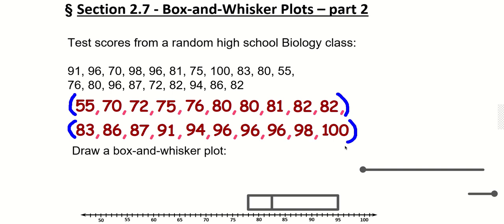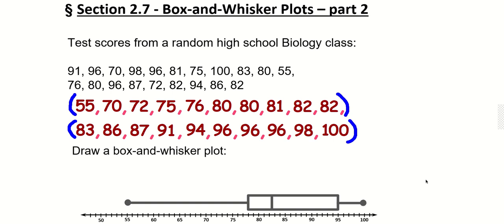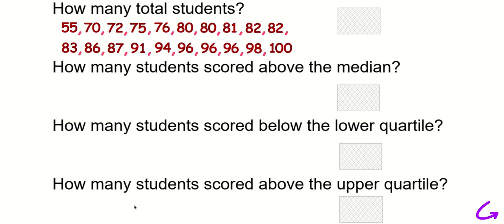And then, of course, the whiskers are super easy. This left whisker is going to go all the way to the lowest number in the list, 55. And then this whisker just goes to the largest number, 100. Okay? So, box and whisker plot. That's all there is to it.